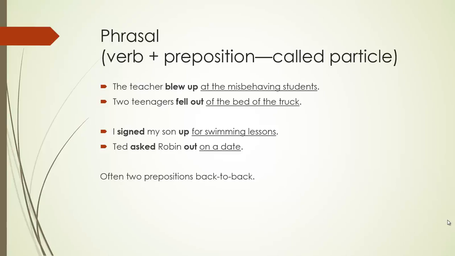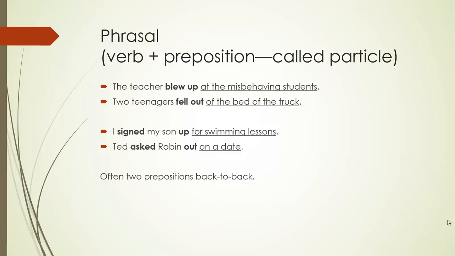Blew up. So if you're looking through the sentence, you might think that up is the beginning of a prepositional phrase, but it can't be because there's no noun or pronoun that serves as its object, right? Because the next thing that follows is another preposition with its own object. So these are prepositions that are attached to the verb.